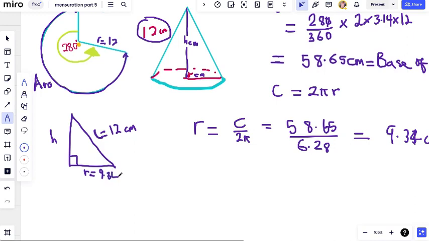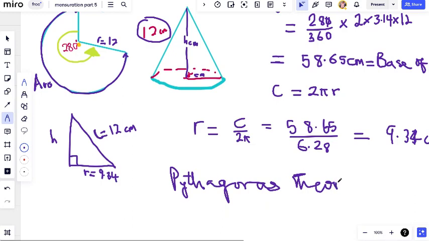So we need to find height using Pythagoras theorem. Because it's a right angle triangle, we're going to use what we call Pythagoras theorem to find the height.